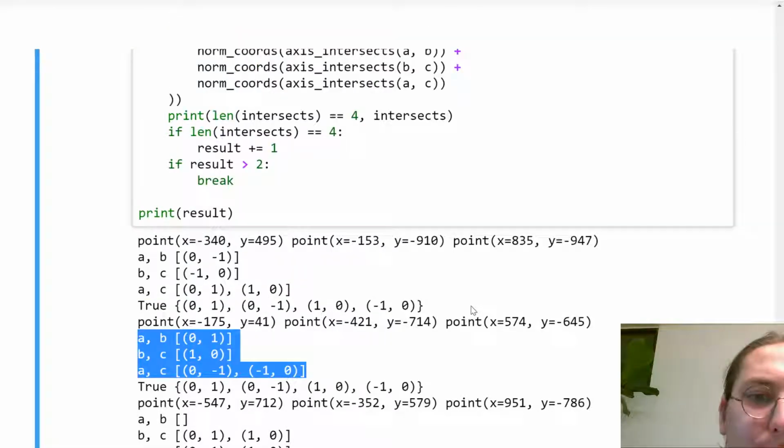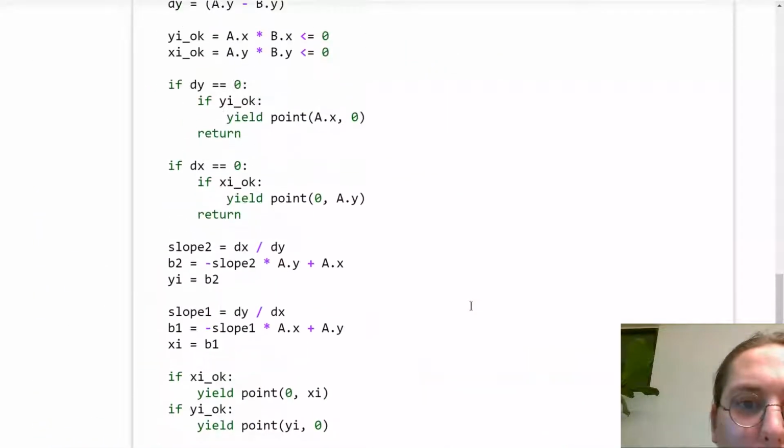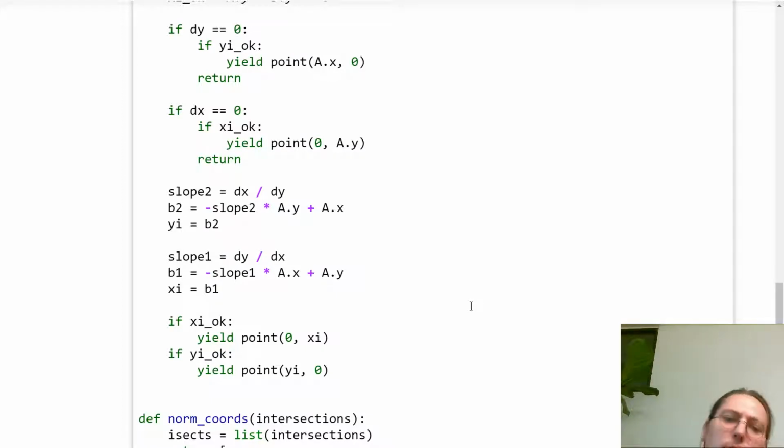Maybe it's a mix-up. We had all intersections before, I think we did at least, but we didn't exclude. We could just yield either way.